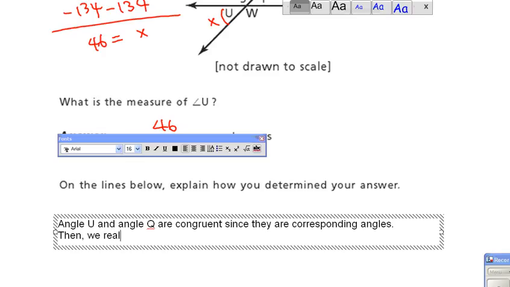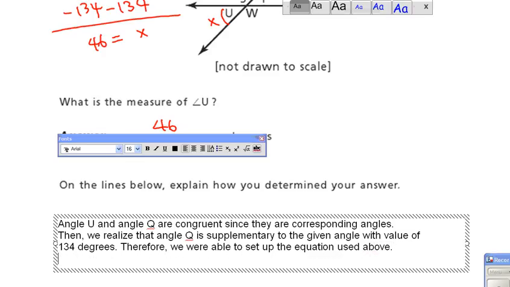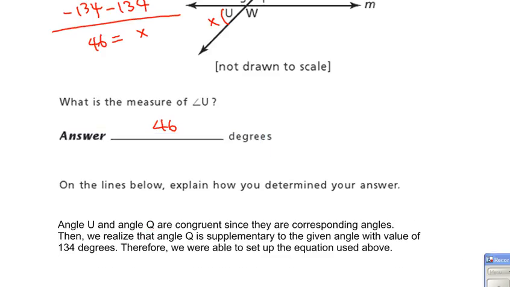Then we realize that angle Q is supplementary to the given angle with a value of 134 degrees. Therefore, we were able to set up the equation used above. Alright? Next question.